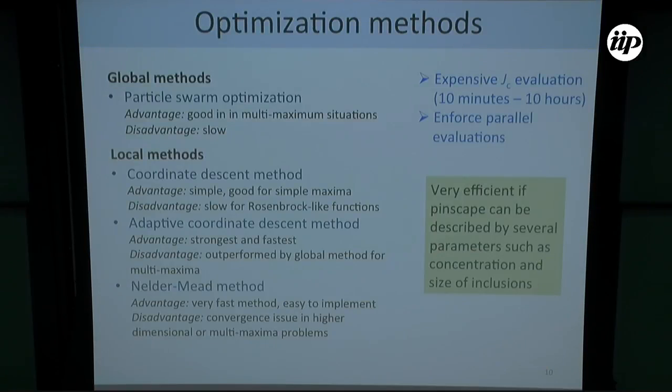There are 4 of them, a global optimization method and 3 local methods. The first one, or the combination of the first and some of these, are very efficient if we are talking about some landscape which can be characterized by a few parameters, so up to 10, I would say.